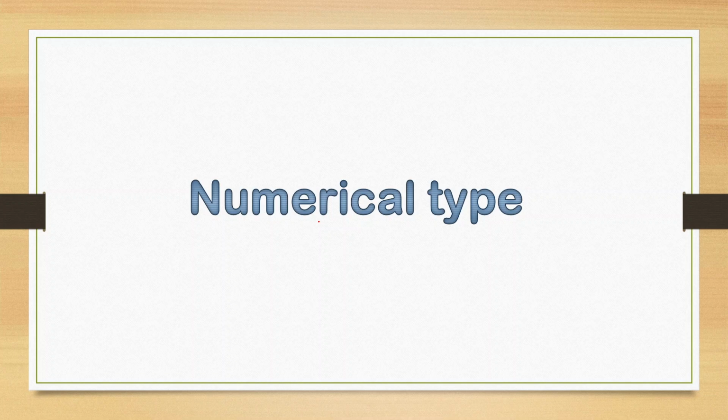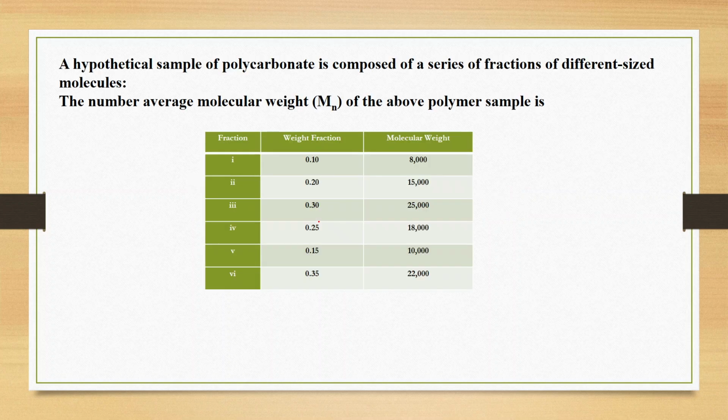So we will be solving some numerical questions starting from week 1, and I will give you like 5 minutes or 2 to 3 minutes depending on the question, and then you have to tell me the answer. Okay, so let us start with the first question. A hypothetical sample of polycarbonate is composed of a series of fractions of different size molecules.